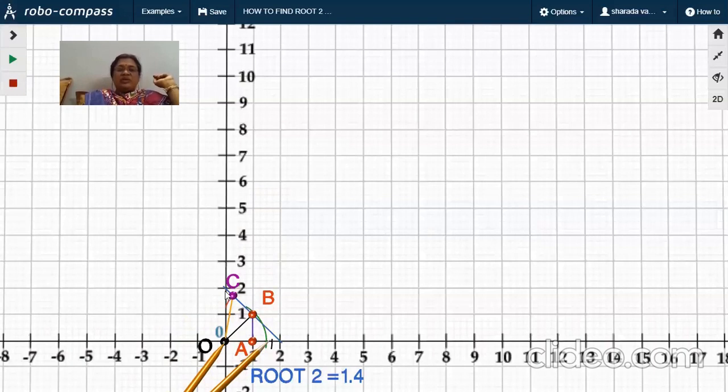So OC will be √3. So when you take the center as O and radius as OC, when you try to draw an arc, that arc will intersect the x-axis at some point. That point will be the √3 value. See here. So the √3 value will be 1.7. So this is the construction part.